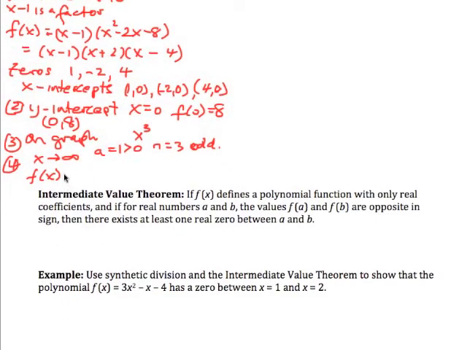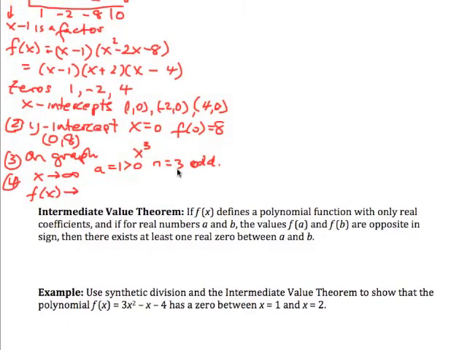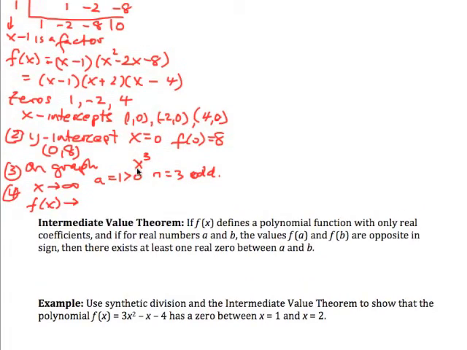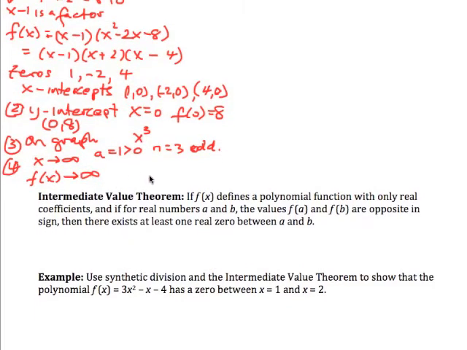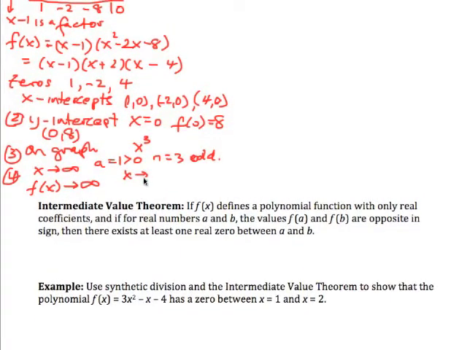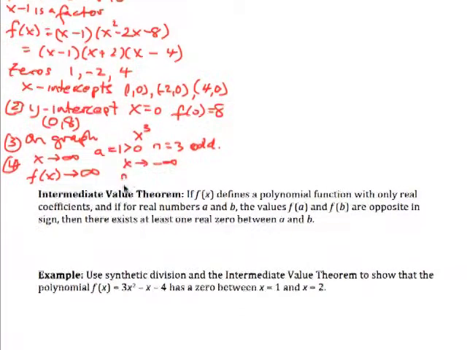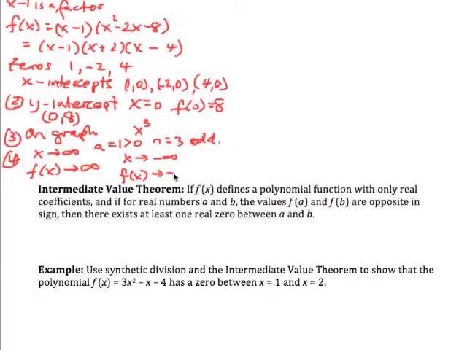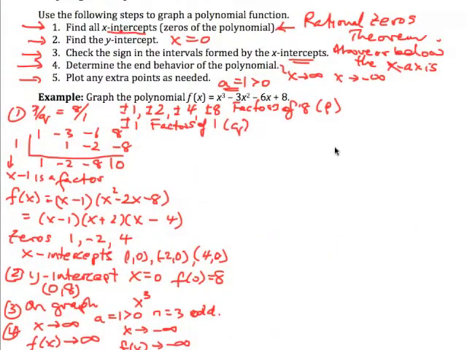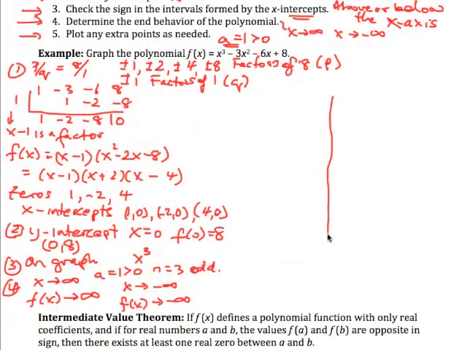So as x goes to positive infinity, f of x is going to go to positive infinity. As x goes towards negative infinity, f of x is going to go towards negative infinity. All right, so let's do a rough sketch of this.